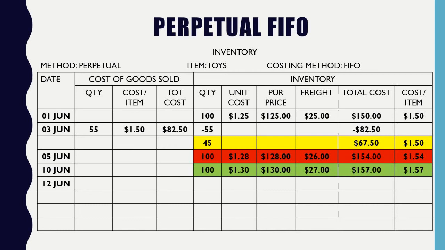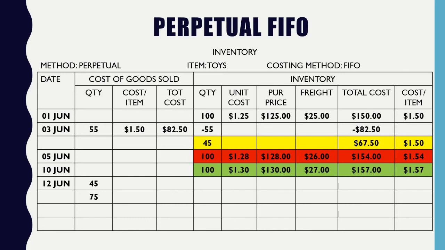If I use the FIFO rule, first in, first out, which batch of inventory am I going to dip from first? The yellow one. So in this case, I'm going to get rid of my yellow, and whatever remaining to equal up to 120, which is 75 more items I have to sell to get to 120, I have to take from which batch? The red batch. Mm-hmm.